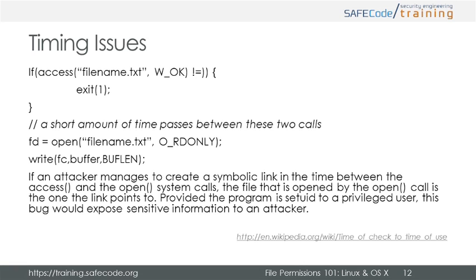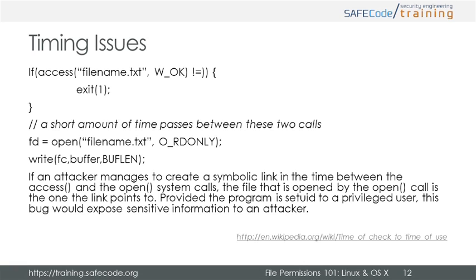Between the time the access call happens and the open call proceeds to open the file, an attacker will create a symbolic link to a target file that she couldn't usually access as the unprivileged user. This can be done by running a tight loop that creates and removes the link, while at the same time running the vulnerable program as well. After some time, the conditions are met, and the file that gets opened is the one pointed to by the link. This problem is also known as a race condition.